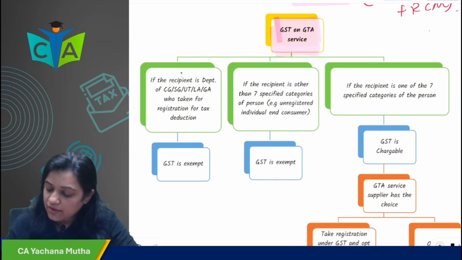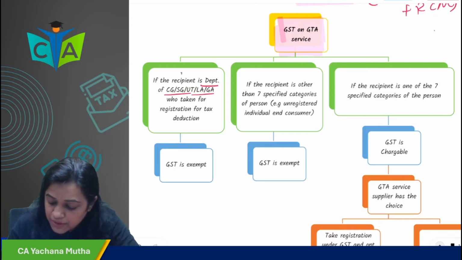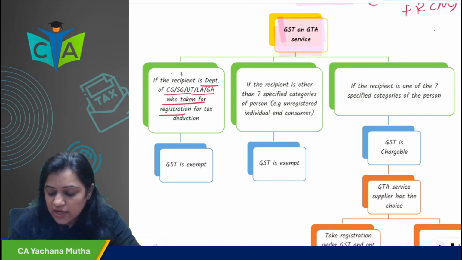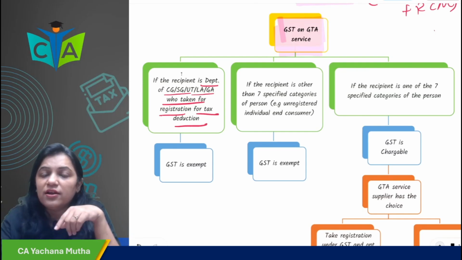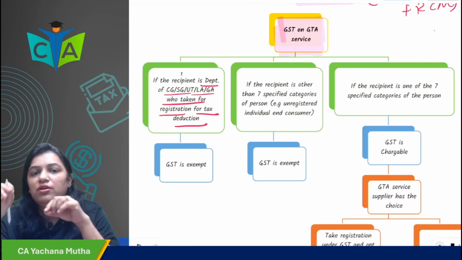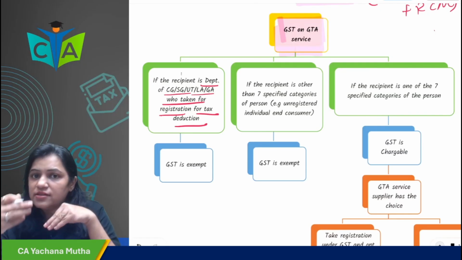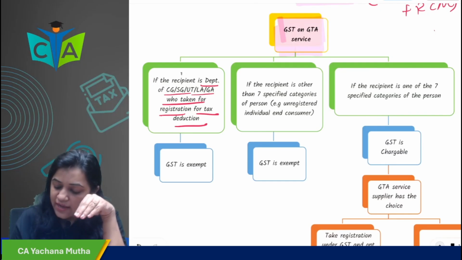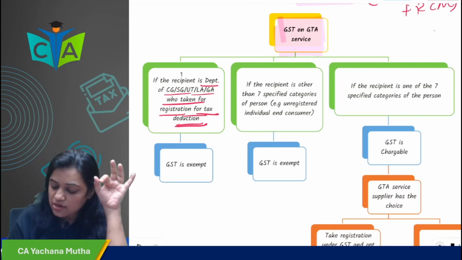If the recipient is a Department of Central Government, State Government, Union Territory, Local Authority, or Governmental Authority who has taken registration for tax deduction, in this case GST will be exempt.